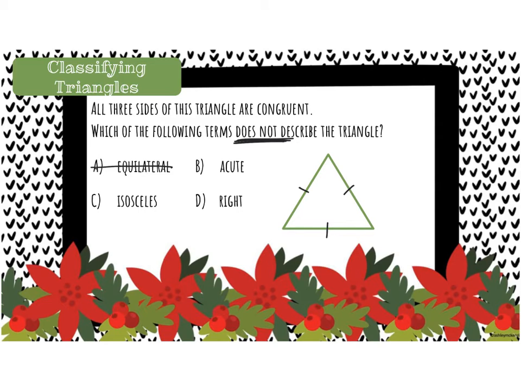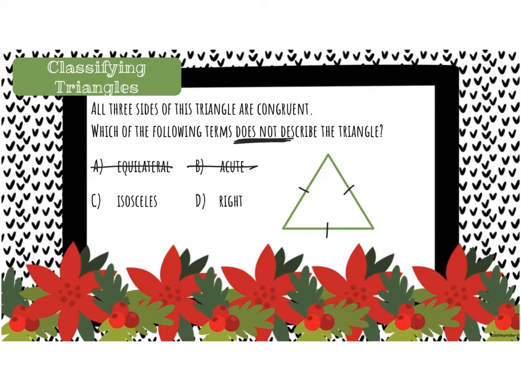Acute. If I named this triangle an acute triangle, would it be true based on the chart we just looked at? Yes, because all three of my angles are acute angles. So that one would be true, so we would mark that out. Is it considered isosceles? Does it have at least two sides that are equal?